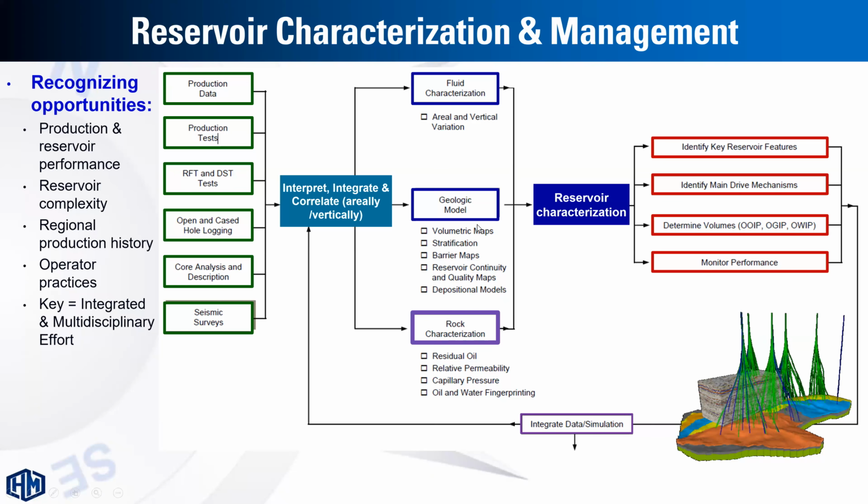And also for the geological model or the 3D model, we have to define the structural model, facies distribution, zonation and layering of the reservoir, the depositional environment, reservoir continuity, and reservoir quality. These are the three major elements for an integrated model.